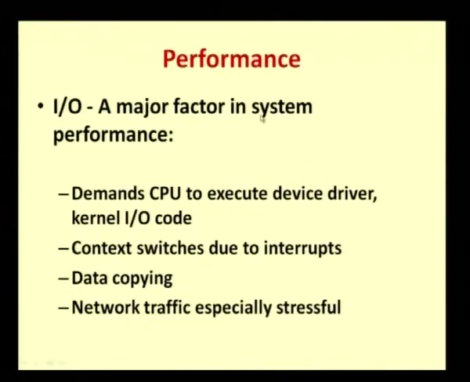So let us see the performance factors involved in this IO subsystem. IO is a major factor in system performance. The first point is that it demands the CPU to execute the device driver and the kernel IO code. What was there in the kernel IO code? All the device drivers were there.